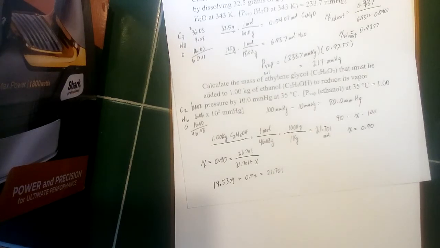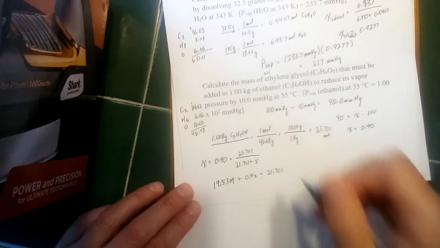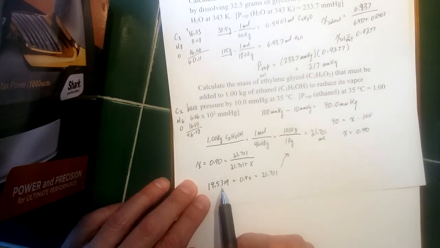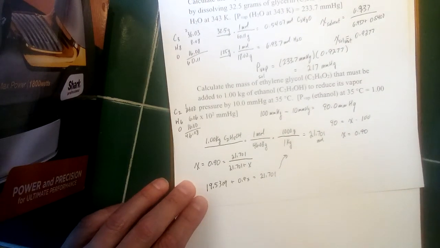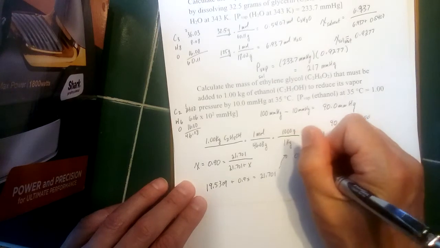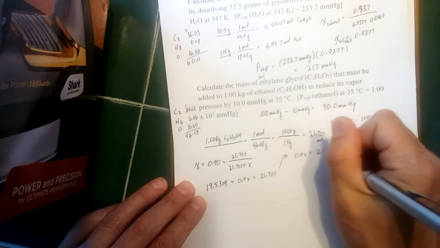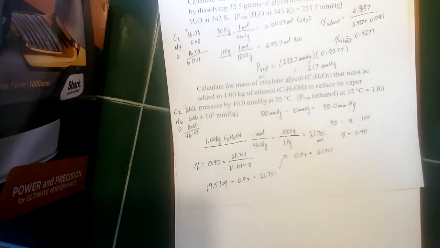Right, so now I just need to isolate x on one side of the equation. So I'm moving up to here. I'll subtract the 19.5309 from each side of the equation. That would give me 0.9 times x is equal to 21.701 minus 19.5309, which is 2.1701 on the right side of the equation.